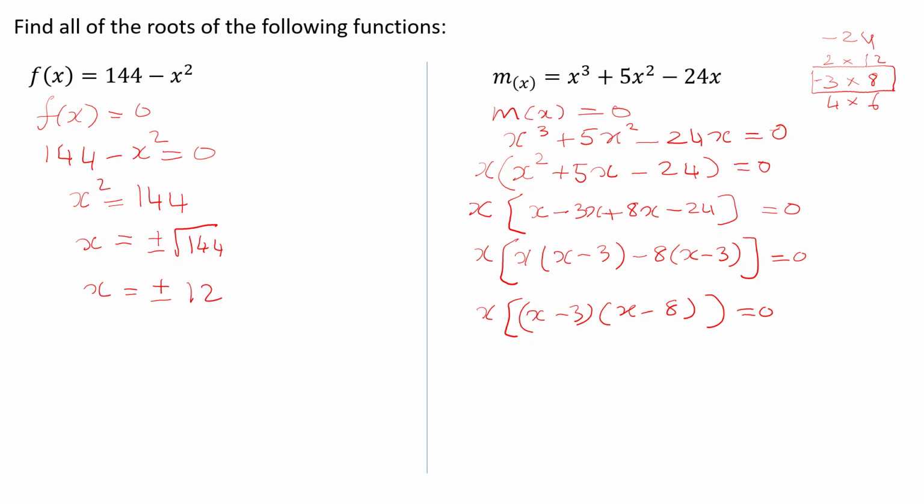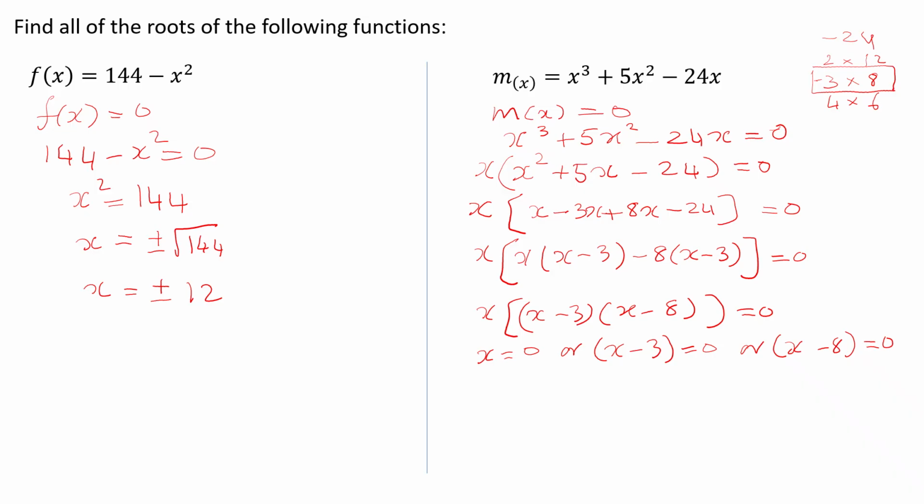So any one of them can be 0. So x equals 0, or x minus 3 equals 0, or x minus 8 equals 0. So x equals 0 is one answer.